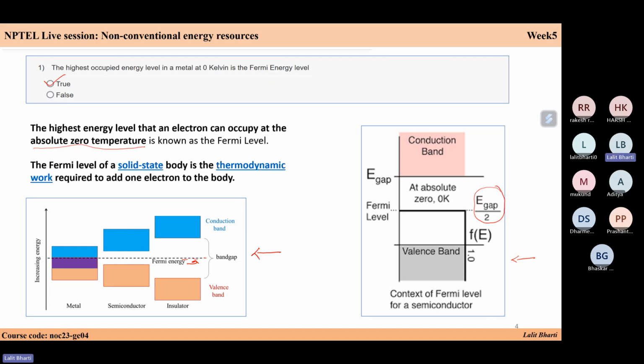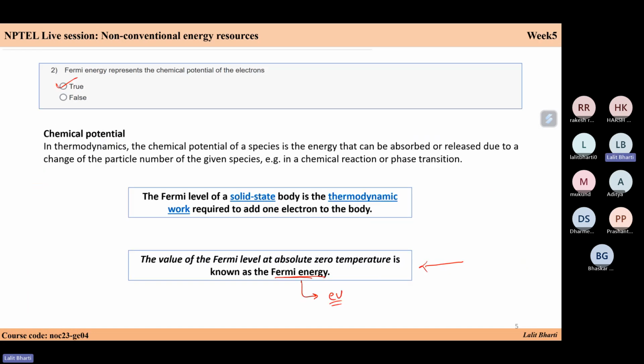If you add some electrons, your electrons will be higher in that case, and your Fermi energy level will increase, going up or down depending upon the doping. So we saw that for N type, the Fermi energy level goes up, and for P type, it goes down.